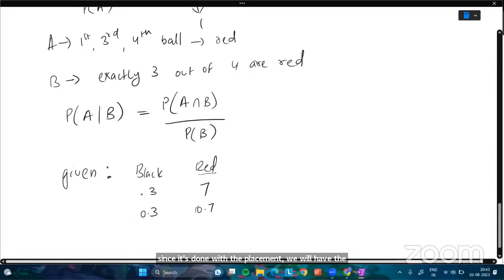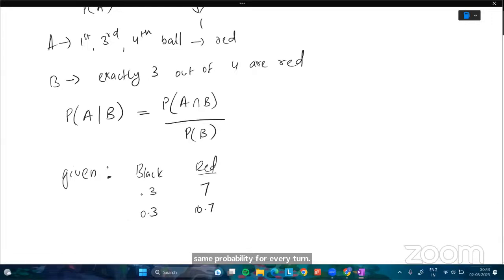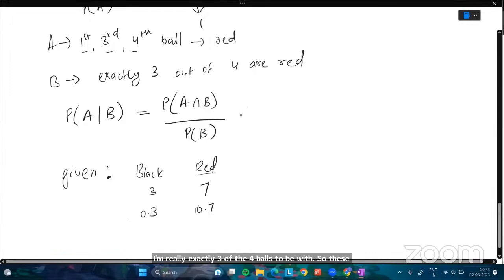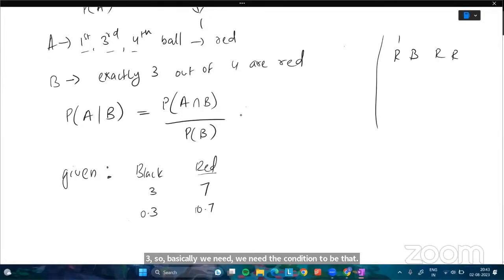Now the probability of A intersection B means we need the first, third, and fourth ball to be red, and we need exactly 3 of the 4 balls to be red. So these 3 balls are red. That means we need the condition to be red, black, red, red. So the first, third, and fourth ball are red, and the second one is not.